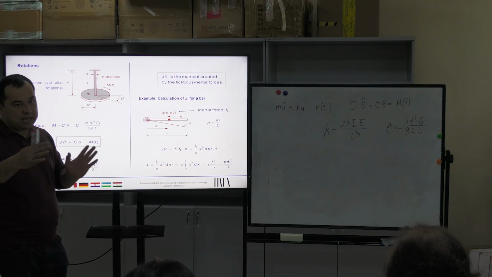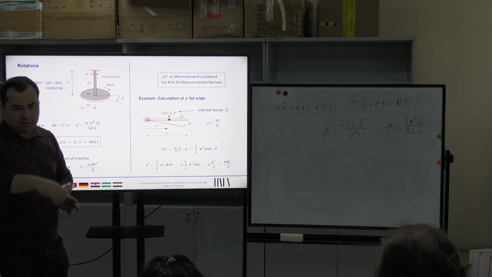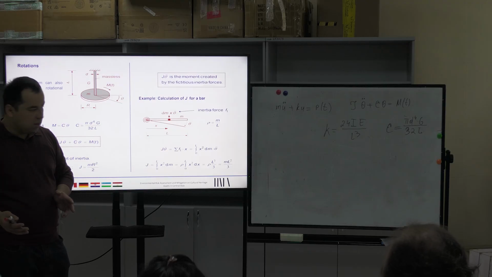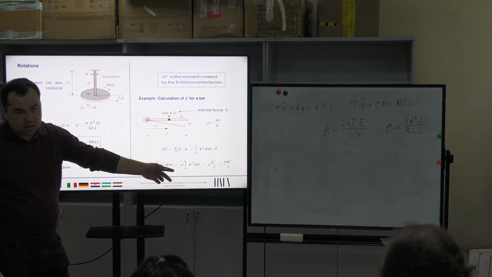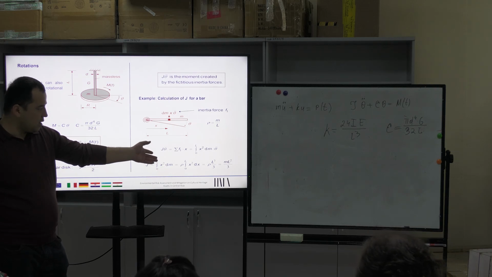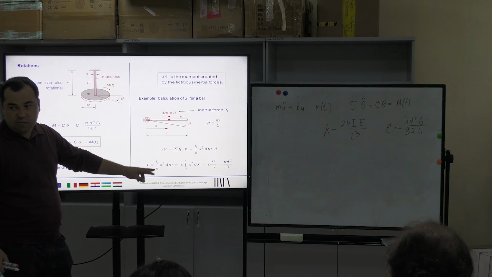If we have a rectangular shape, it is also going to change. If you have a triangular shape, or any kind of different shape, this formulation will change. For any other type of shape, this moment of inertia will be different.